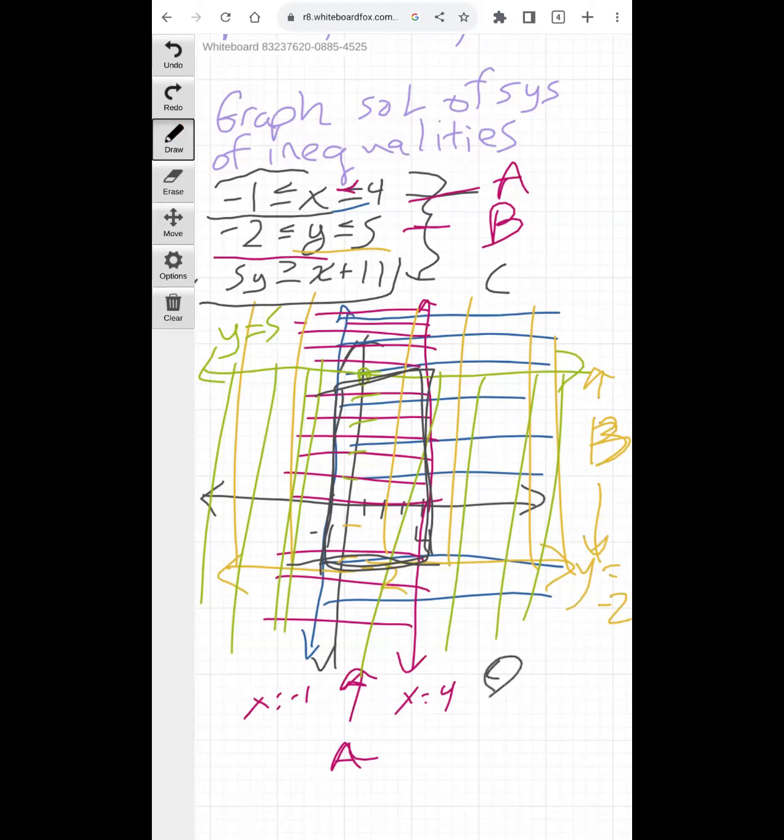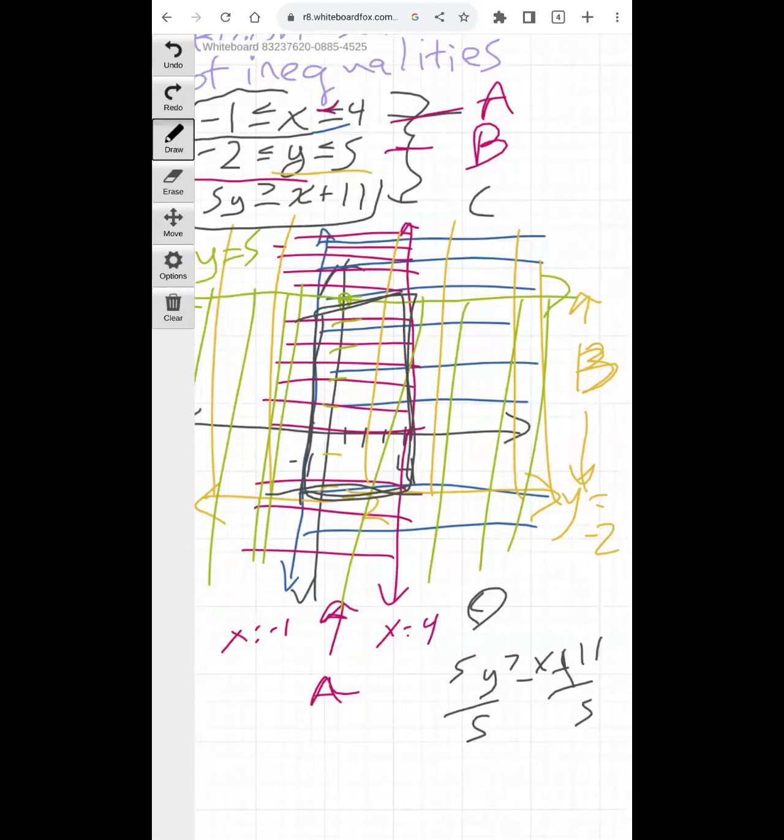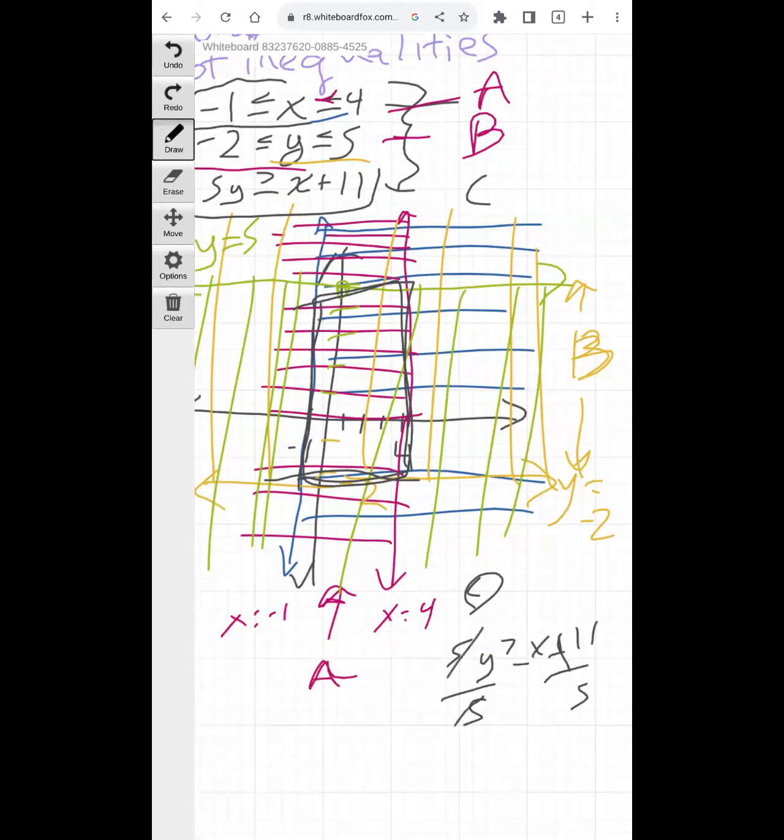First, you treat it as if it were an equation, and you want to solve for y. So we have 5y is greater than or equal to x plus 11. We divide both sides of the inequality by 5. 5 divided by 5 equals 1.